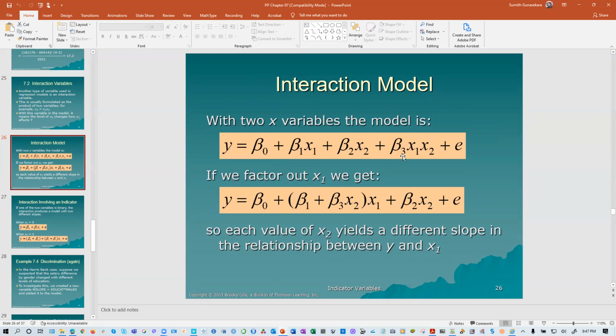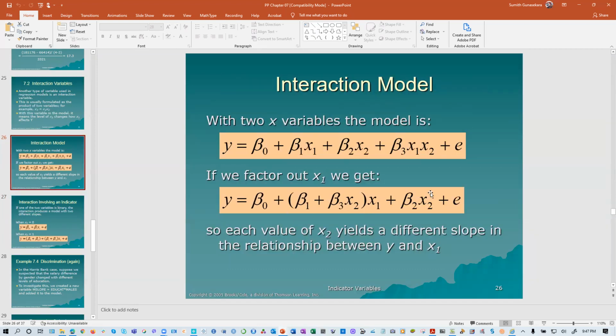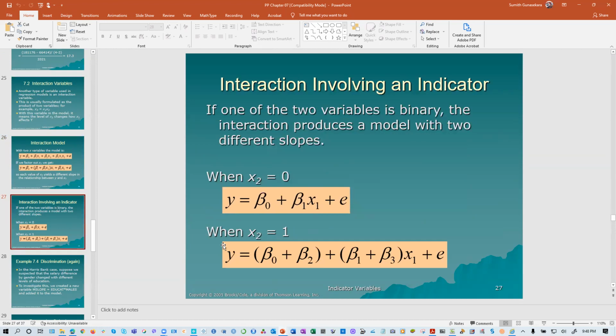They combined them, factoring x1 out to get beta 1 plus beta 3 x2 together. Then we can say when x2 equals 0, you have this part. When x2 equals 1, you have this part.